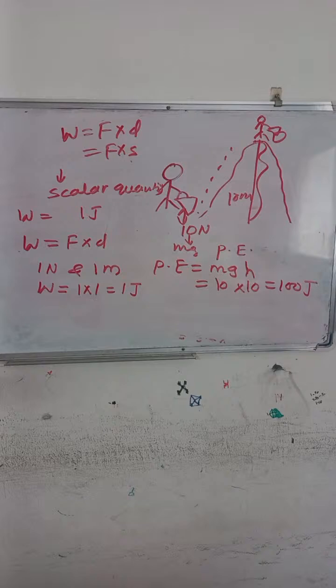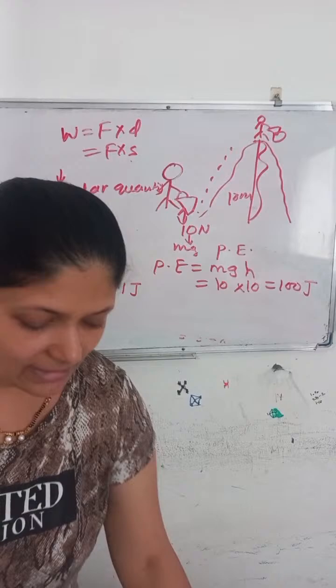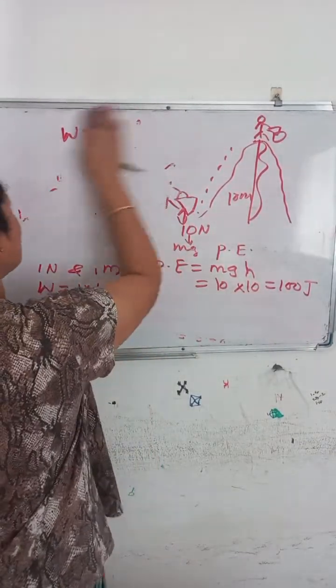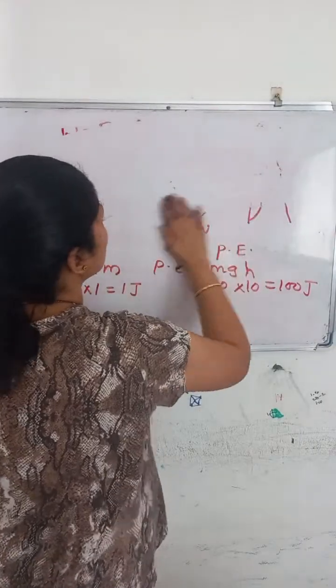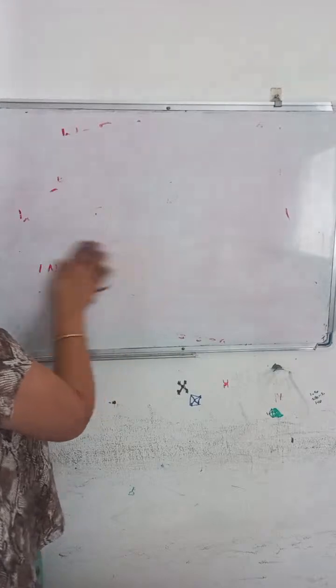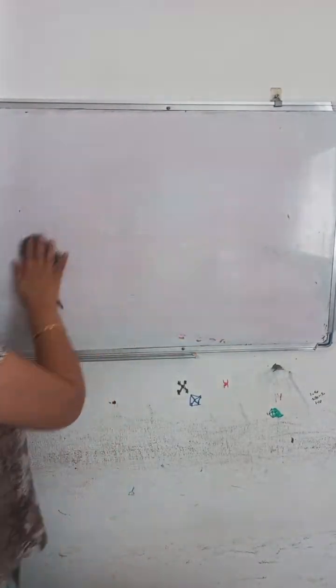Now the next question: a body of mass 5 kg is moving with velocity 10 meter per second. What is its kinetic energy? Very important. We will explain how to solve this. See, what the given quantities are and what they are asking is very important, and we can apply the formula according to the given conditions.